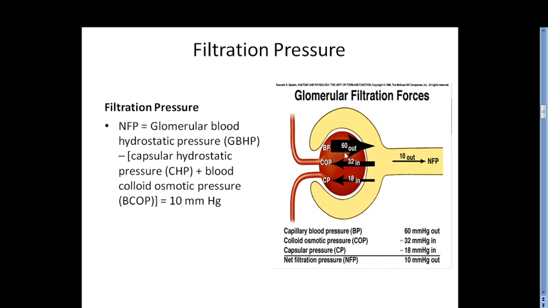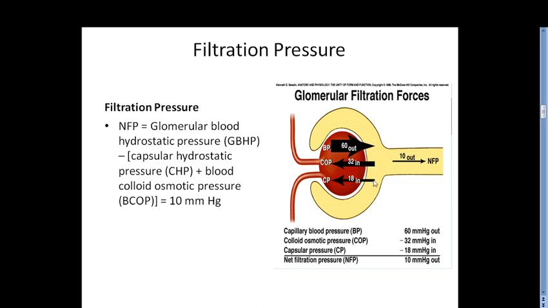The hydrostatic pressure is an outward force, making plasma pass from the capillary into the Bowman's capsular space, whereas the oncotic or colloidal pressure is due to the proteins present in the blood. They oppose the passing of plasma from the capillary into the Bowman's capsule.